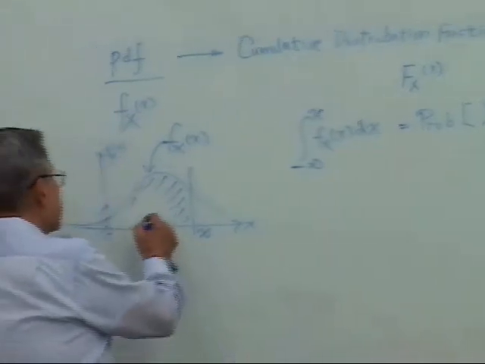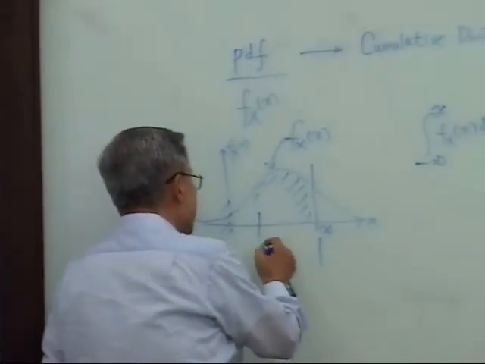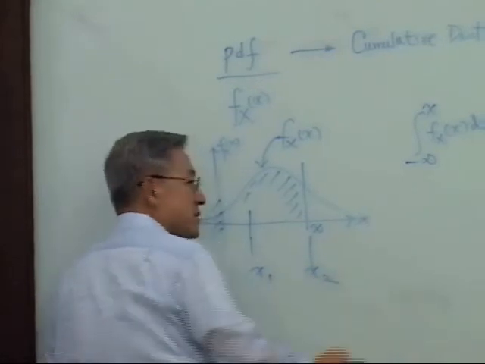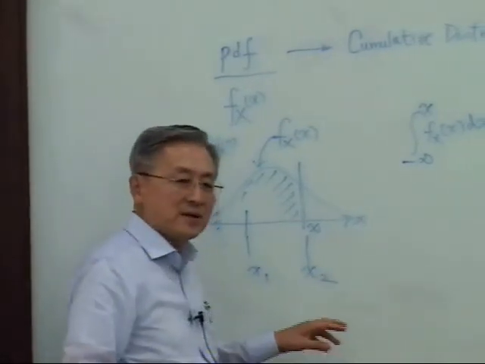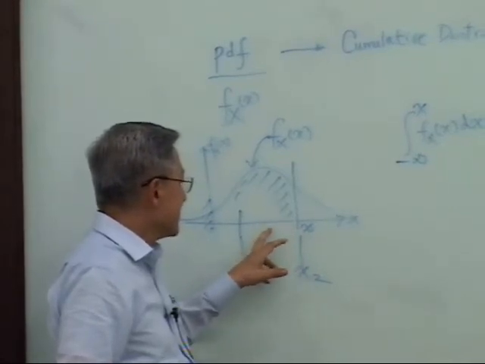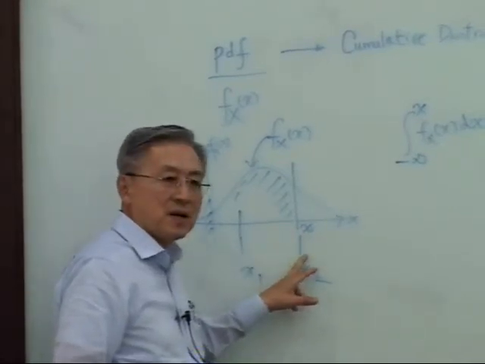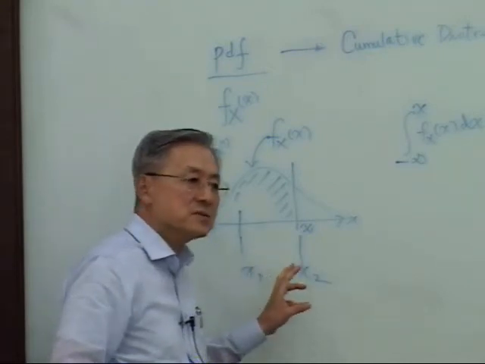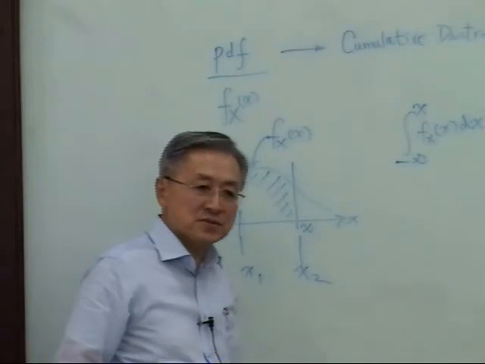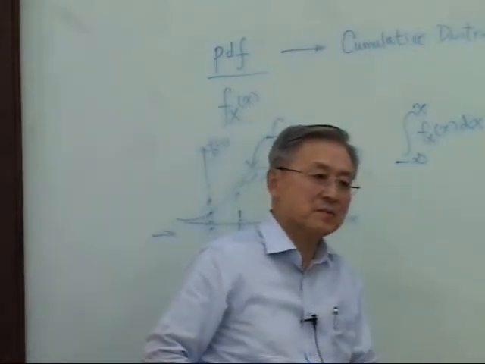So then what's the probability that x is between x1 and x2? If you have, of course, a probability density function, that's what you're going to develop.